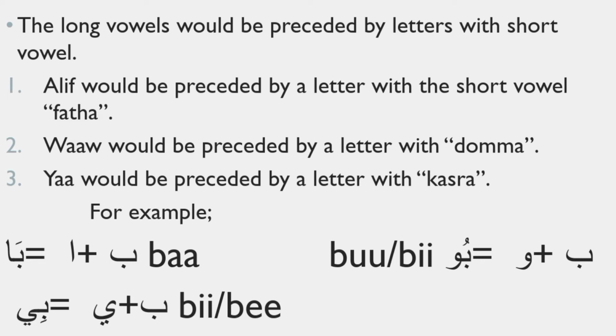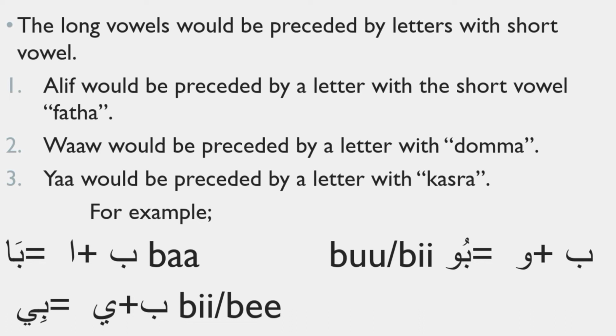So instead of you saying long vowel, you can say mad. So we have waw mad, we say it is boo. So you can't have ba fatha and waw mad. You can't even pronounce it. You won't be able to pronounce it when you have ba dhamma and then you have alif mad. If you want to pronounce it, just try it. You would say that it is impossible.